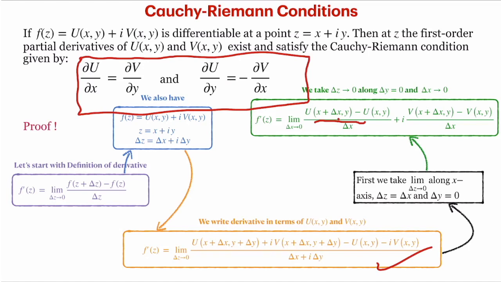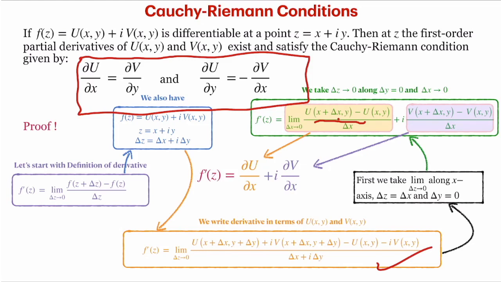Now we take the limit delta x going to 0, and we know that this is essentially the partial derivative of u with respect to x, and the second term is the partial derivative of v with respect to x multiplied by i.